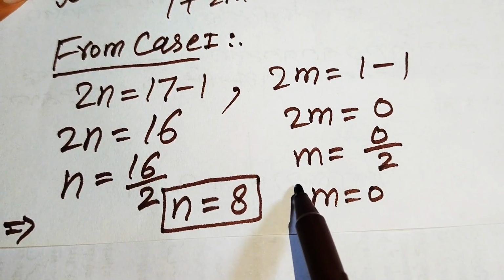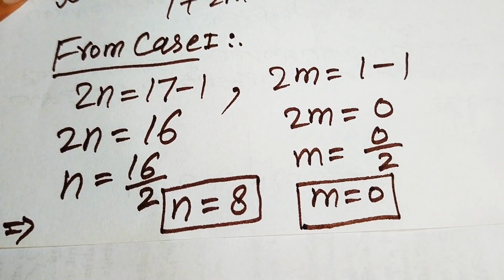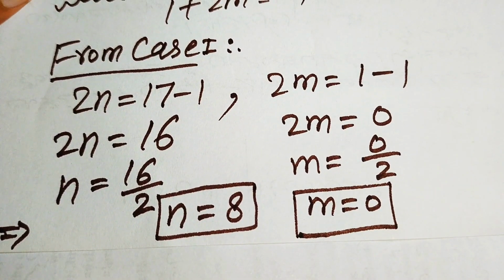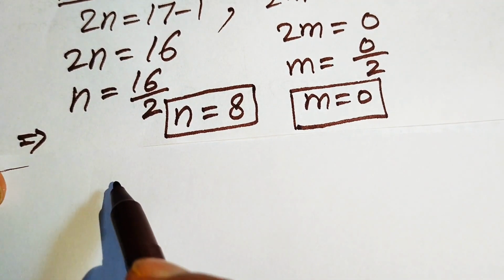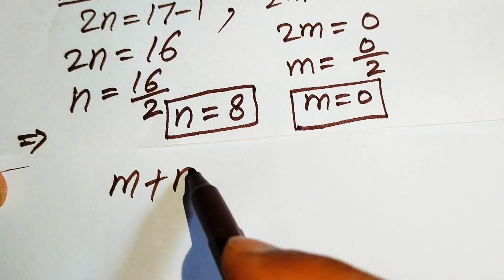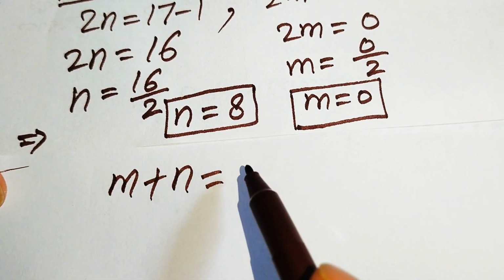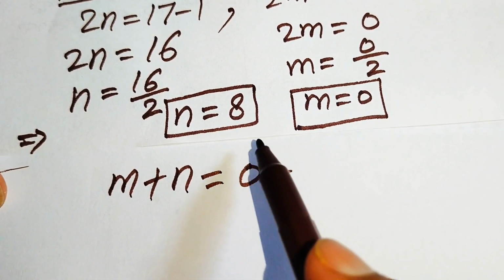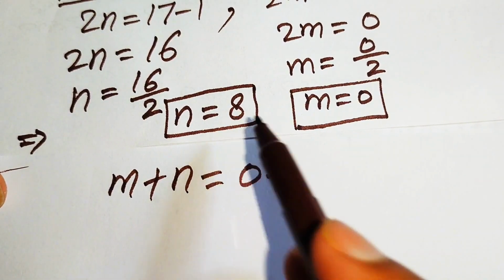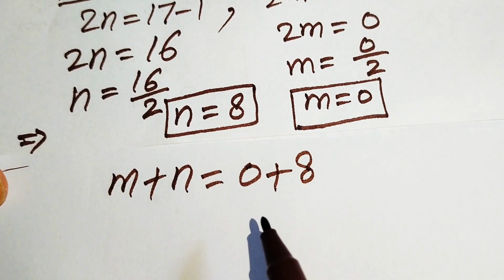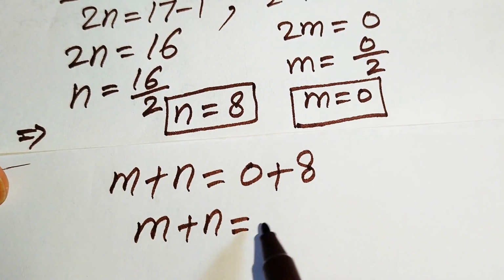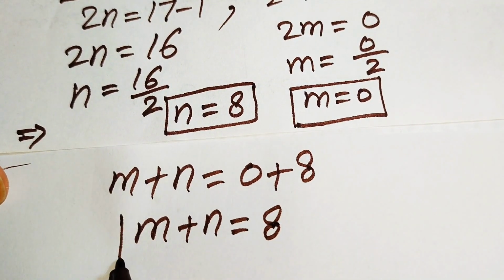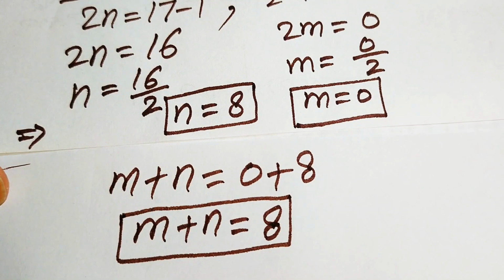So in the first case we get the value of m equals 0. Because we need to find the value of m plus n, we just add these two values: 0 plus n. The value of n is 8, so we have 0 plus 8, so we get the value of m plus n equals 8 in the first case.